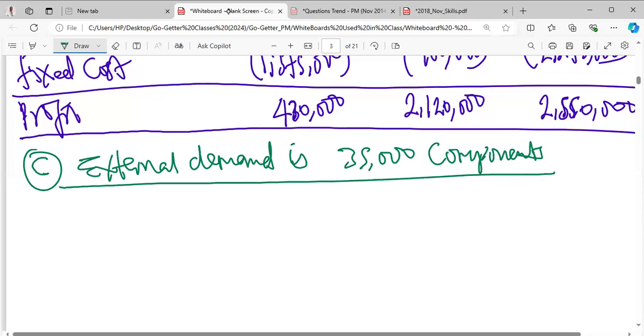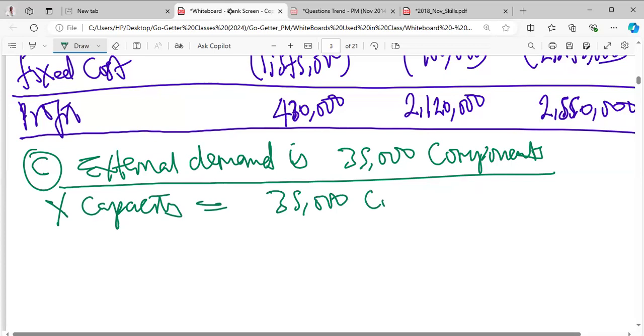How do we solve this? So let's see. You will say X capacity is equal to 35,000 components. Like we did before, Y demand is much less.